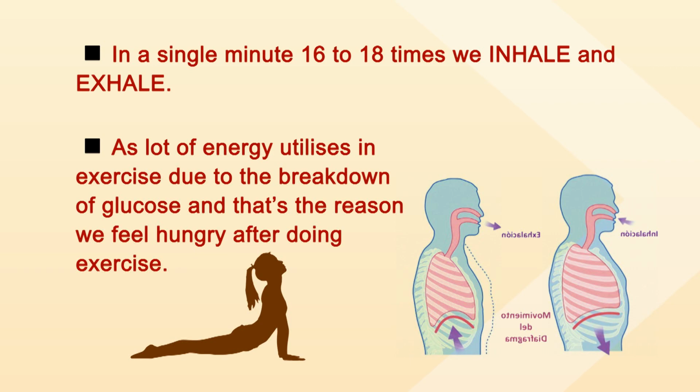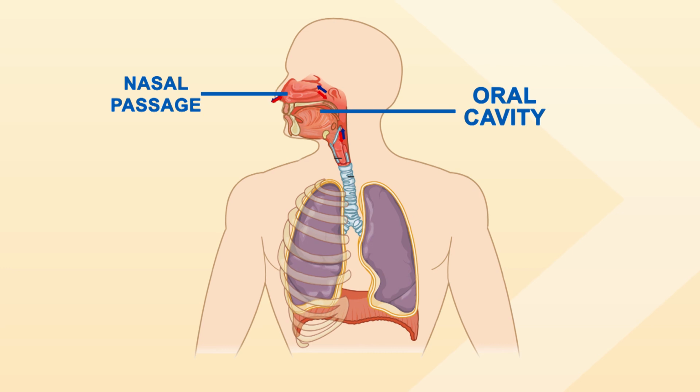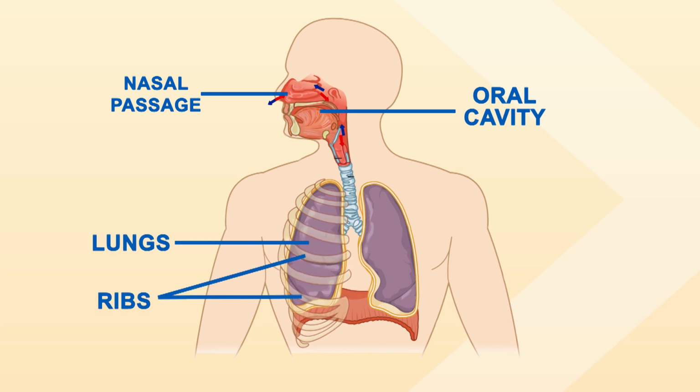Now we will see how we breathe. We all know that the mechanism starts through nostrils. We inhale through our nasal cavity. Air reaches the lungs through the windpipe and the lungs are present in the chest cavity, which is surrounded by ribs. Diaphragm forms the floor of the chest cavity.